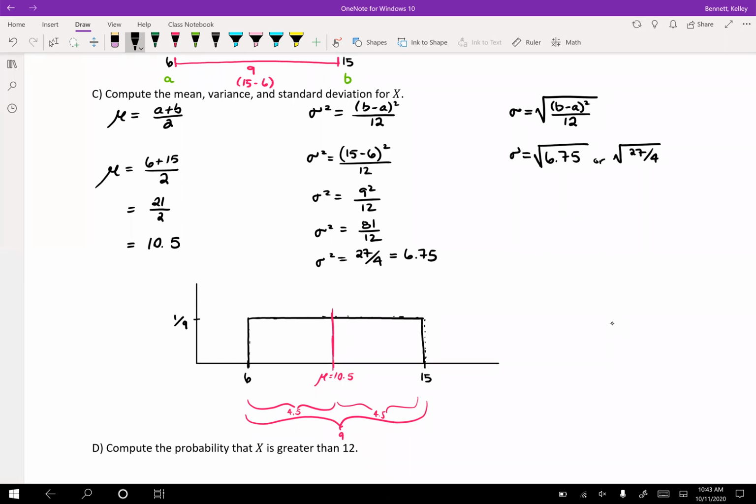So if I take the square root of 6.75, I get 2.59807, right? So we can round that to whatever. Let's say we want to round it to the second place. So that's going to give me 2.60.